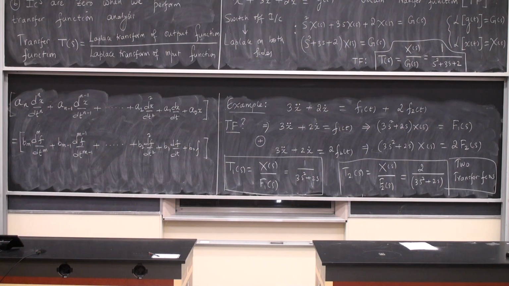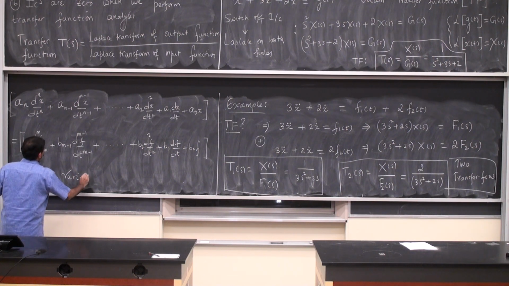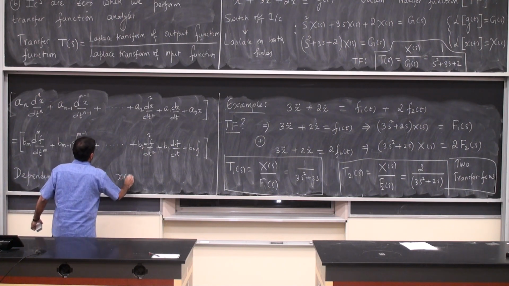So here the dependent variable is x of t, the input function is f of t and its derivatives, all of them. Okay. So here the dependent variable is x of t.